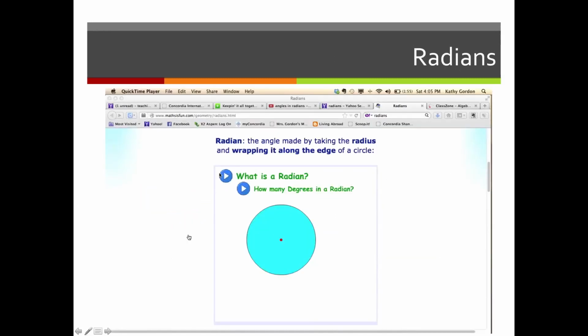All right, so when we actually measure angles, again, when we were working with our triangles, the angles were measured in terms of degrees. And that's very common with triangles because we're used to talking about the degrees of the angles that make up a triangle. But there's another unit that can be used for measuring angles, and that is called the radian.